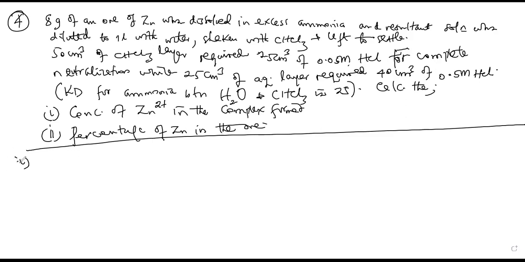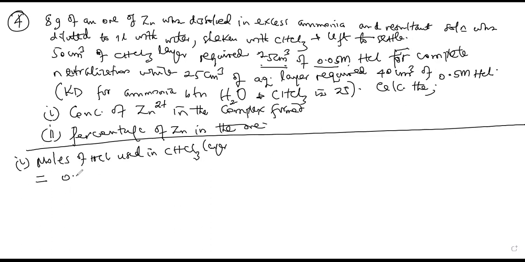For 1, moles of HCl used in the organic layer, trichloromethane, would be equal to 25 cubic centimeters of 0.05 molar hydrochloric acid.